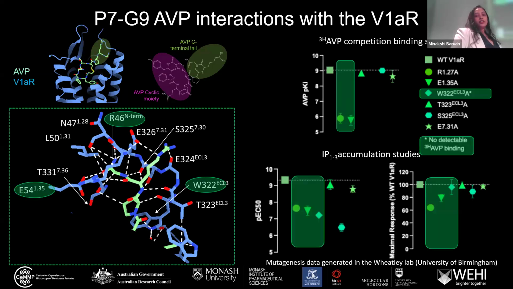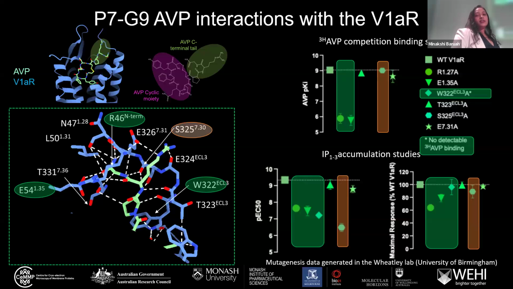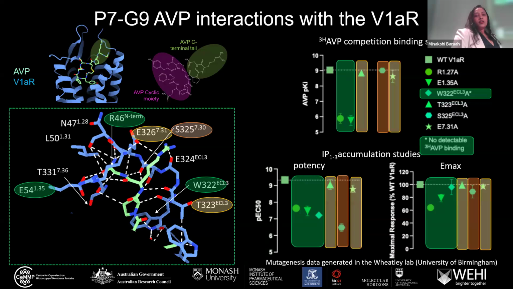And these results were further reflected in the functional assays. So alanine mutations of key interacting residues in TM1, the N-terminus, and ECL3 that interact with the extreme C-terminus of this peptide are crucial for affinity, but that might not be the same for potency, and they have variable responses in Emax as well.